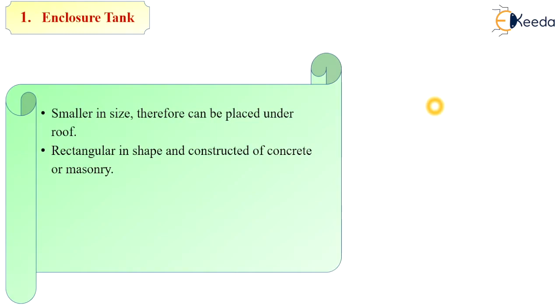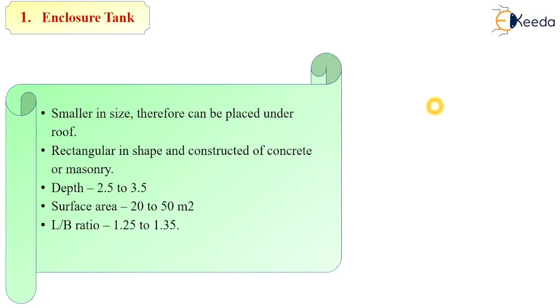It is rectangular in shape and constructed of concrete or masonry. The depth should be 2.5 to 3.5 meters and the surface area should be only 20 to 50 square meters, which is many times smaller than that required for slow sand filter construction.